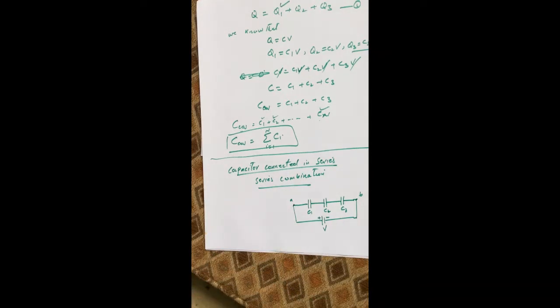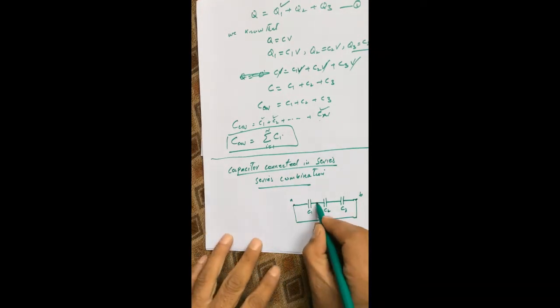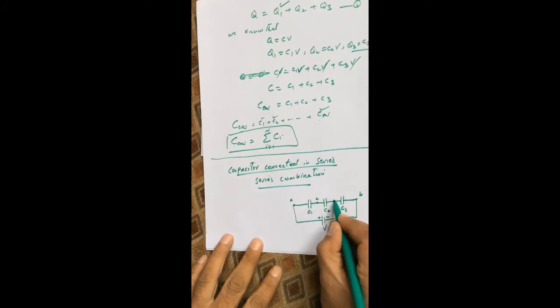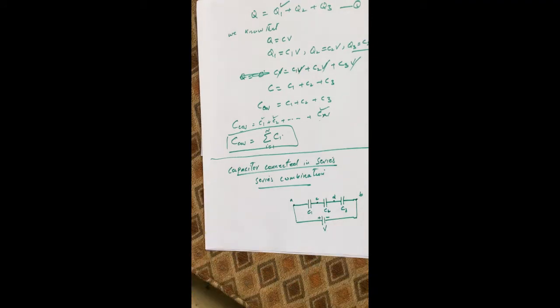Now this point I call C, this point I call D. Now how do we find out that this combination of capacitors is a series combination? For that we again use a rule. If we move from A to B, we have only one path, and that path passes through all the capacitors.